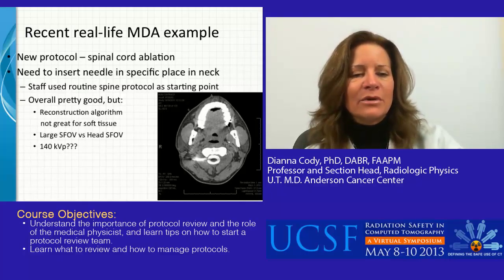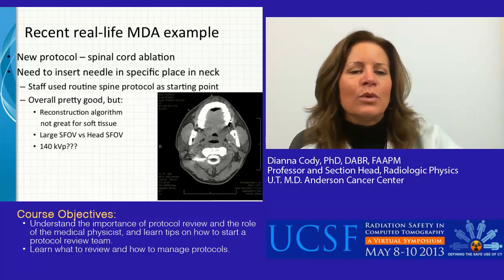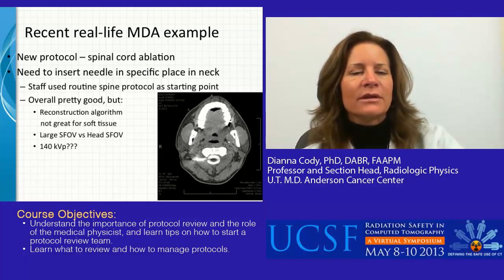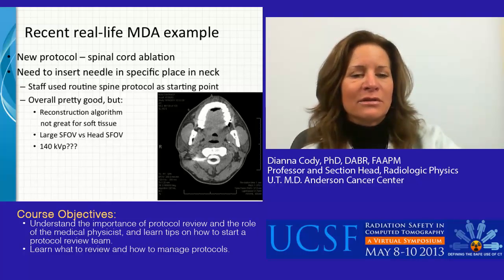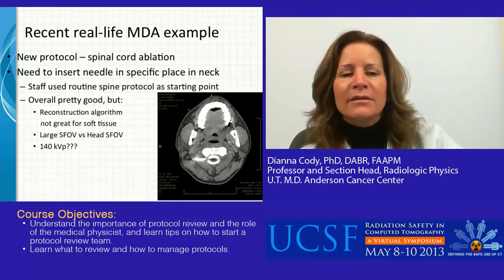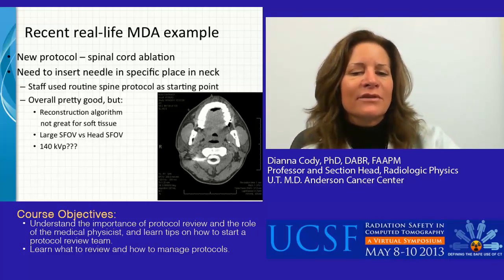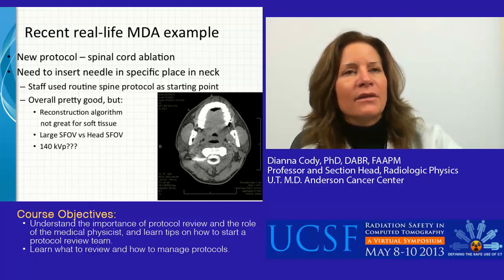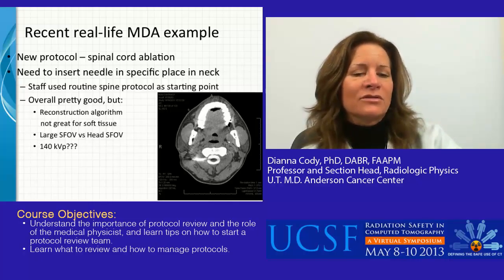So for example, at my facility, we had a new protocol that was developed without physics and radiologist input. The technologists needed this on the fly and just went for it. The idea here was to insert a needle in a specific place in the neck under CT guidance. They decided that the routine spine protocol was a good place to start.